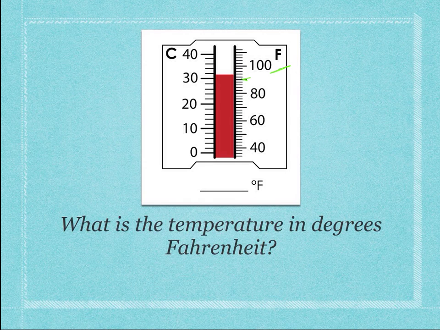The number that's directly between 80 and 100 is 90, which is a little more than 90 degrees. Looks like it's up here. So I'm going to say 92, 94 degrees Fahrenheit is my final answer.